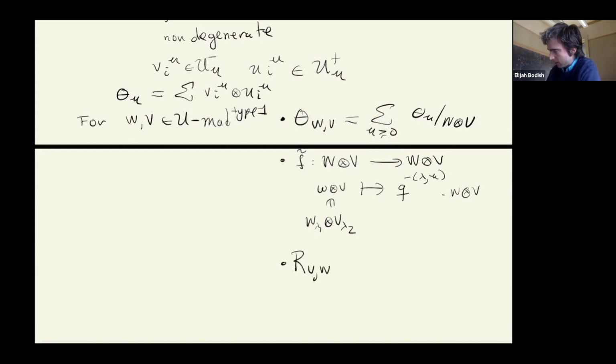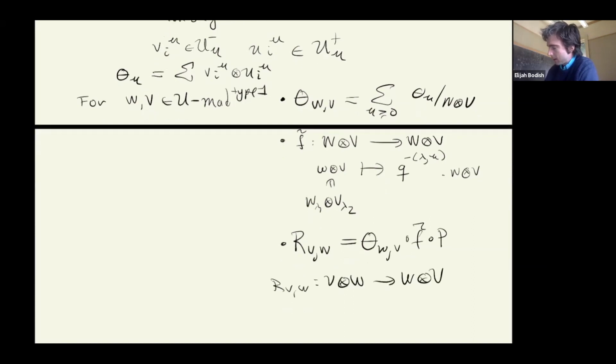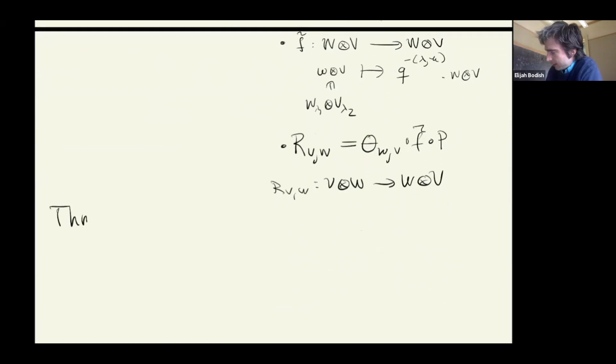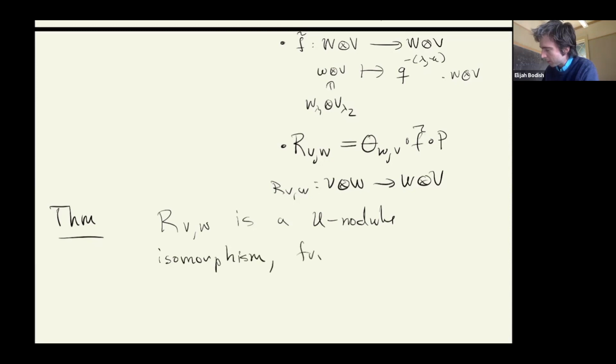This was like our braiding between V tensor W and W tensor V, to be the composition theta WV of F tilde of P. And this was a map from V tensor W to W tensor V. And last time I had stated and outlined some of the proof of this theorem that R_VW is a U module isomorphism, and it's functorial in V and W.